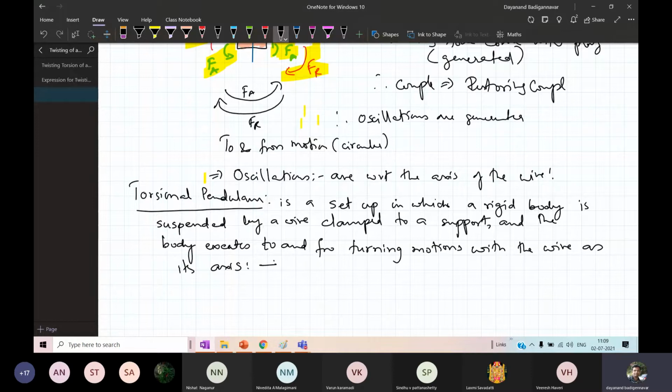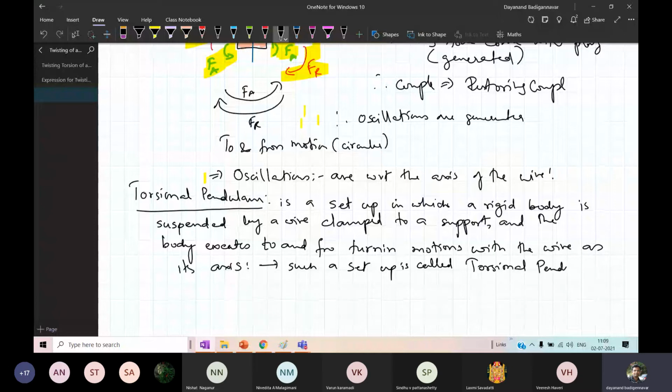Such a setup is called a torsional pendulum, okay, twisting pendulum, okay.